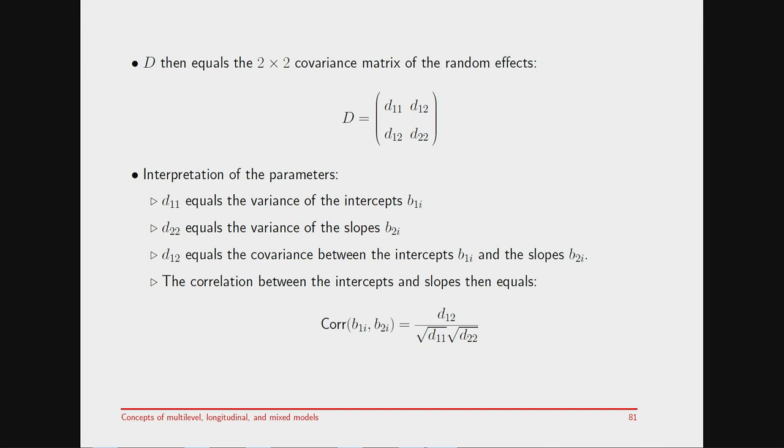So D22 is the variability in the slopes. If D22 is very small, it means that all these children more or less have the same slope, and we're close to parallel profiles again. But if D22 is very large, then you know that children all grow at different rates.